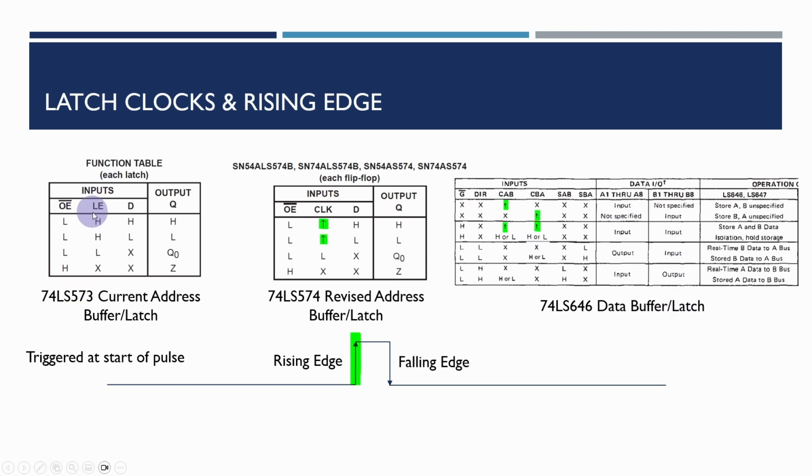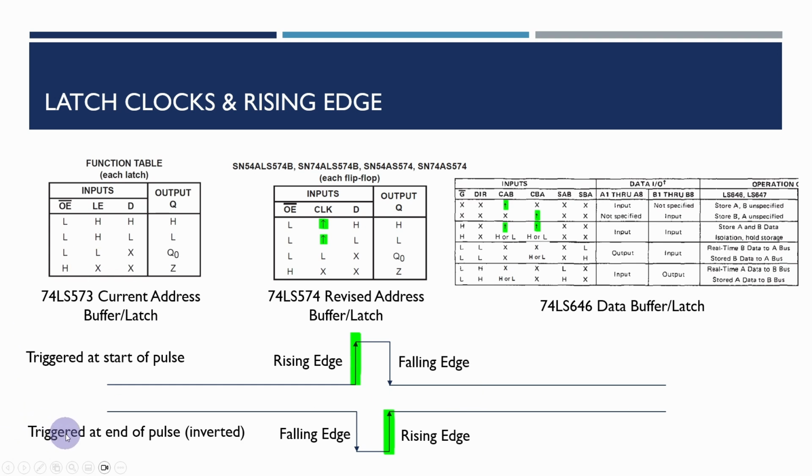The 573 basically outputs the value as is when it is high, and then when the value goes low, it saves the value that was last going out of there. So this is used sometimes for address lines. This one generally is used in the video output circuitry because you want to make sure you're only latching something at a particular point in time.